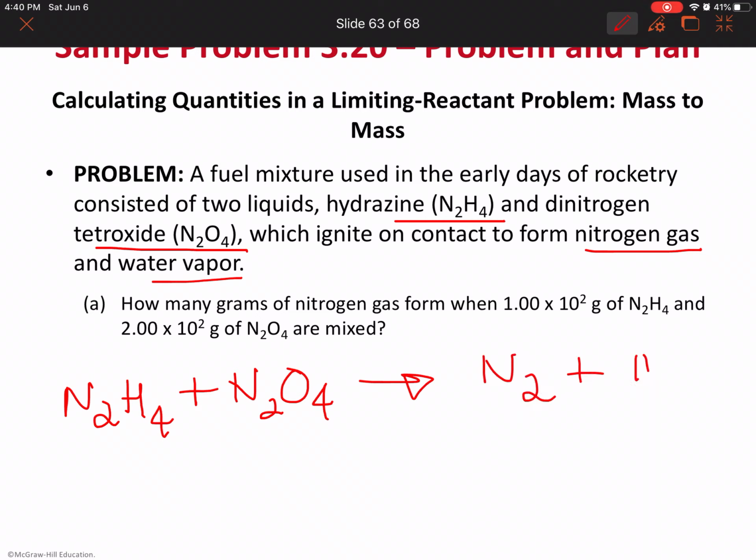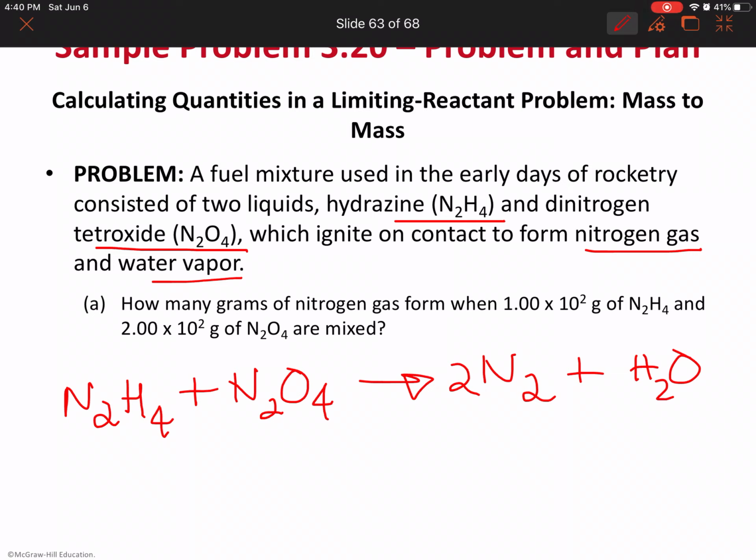So these are the reactants and the products, and we need to balance this. There are 4 nitrogens on the left side, so to begin with, you can put 2 right there.